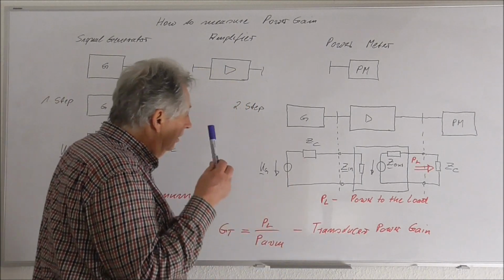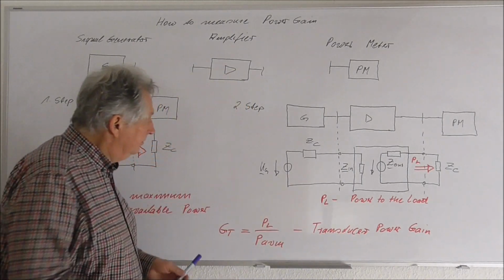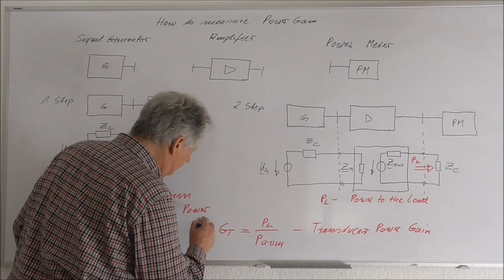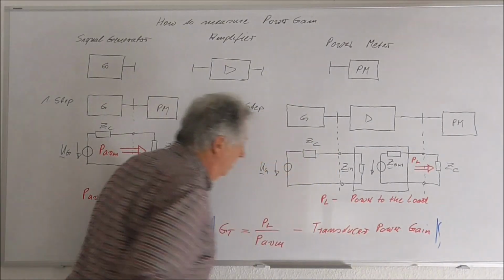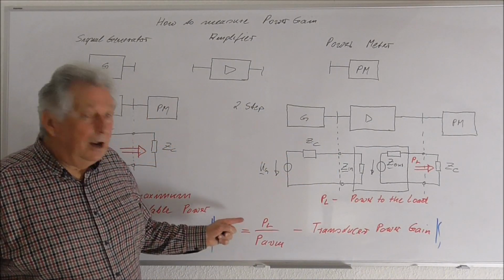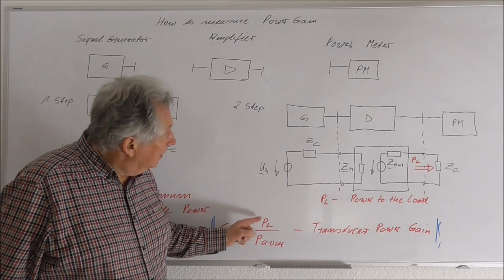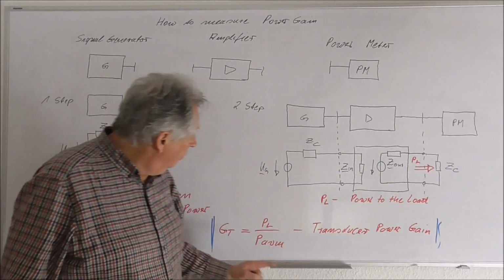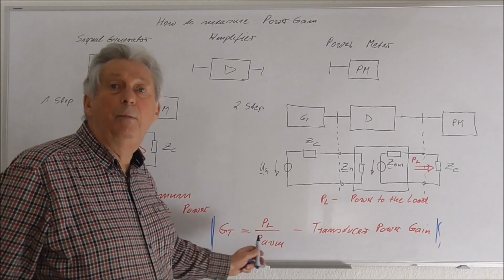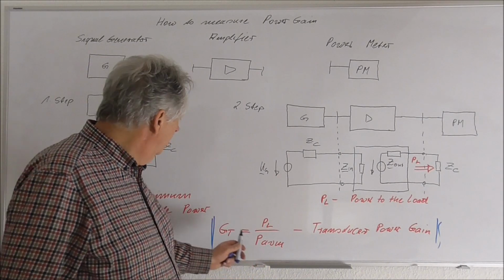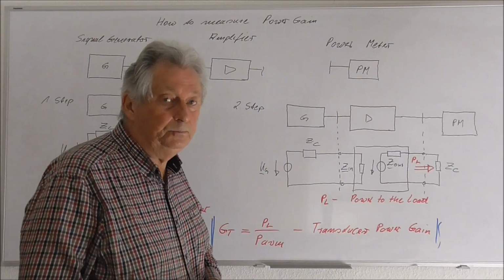What we define now is the so-called transducer power gain. The transducer power gain is defined as the power which is given to the load with respect to the maximum available power of our signal generator.